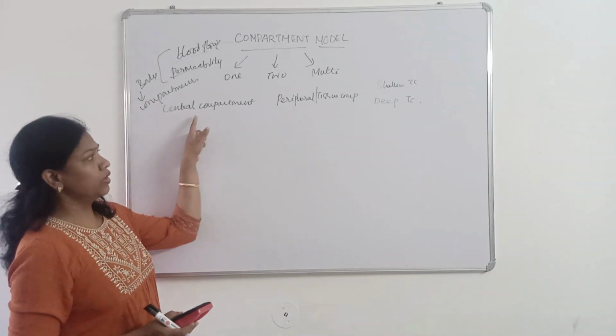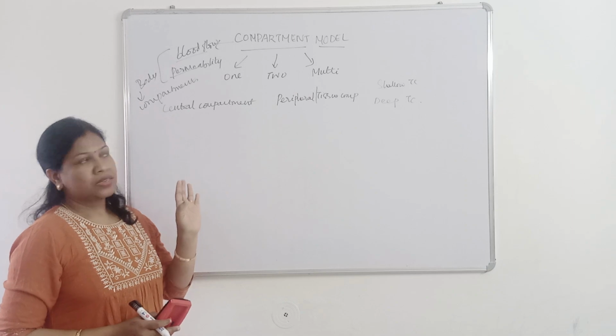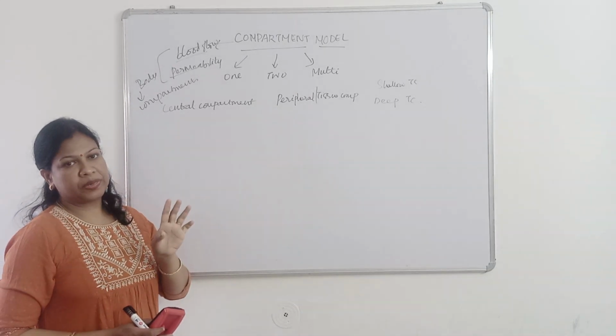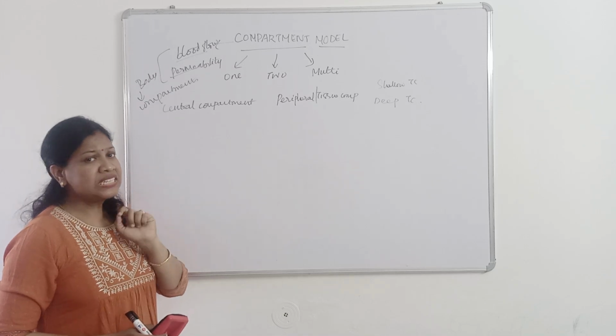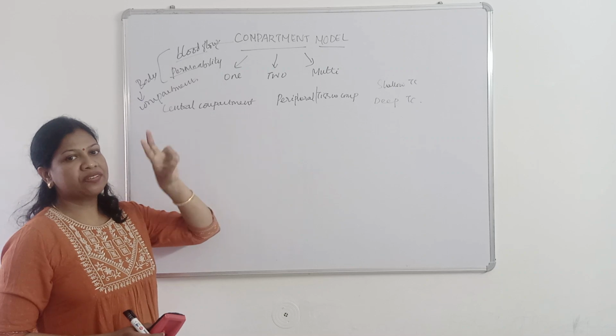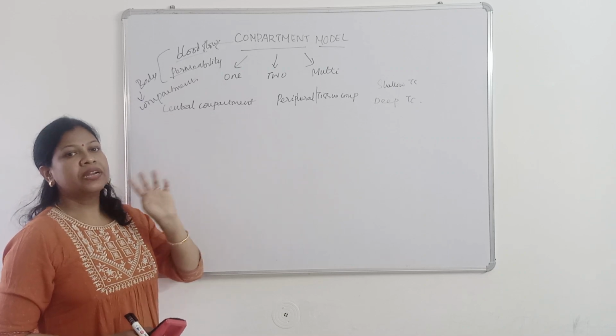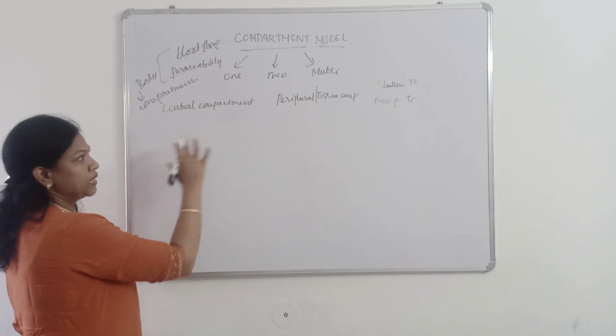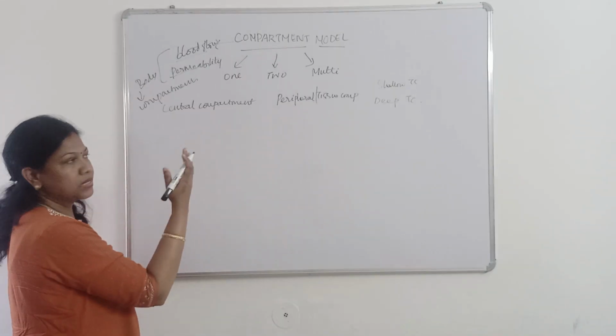In a one compartment model, only the central compartment will be there. Whereas in a two compartment model, the central compartment and the peripheral or tissue compartment will be there. Whereas in a three compartment model, we have the central compartment, and in the tissue compartment we have further two: the shallow tissue compartment and the deep tissue compartment.